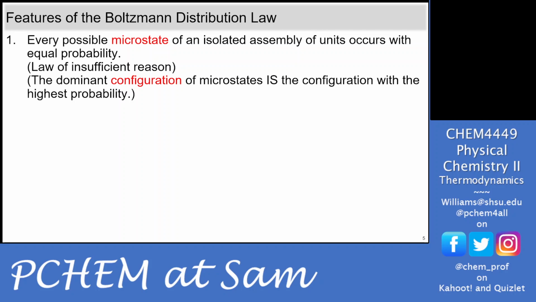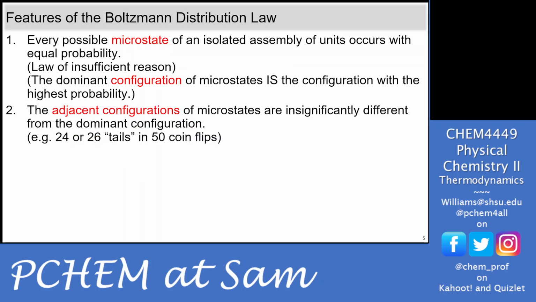But the dominant one is going to be the one with the highest probability, and it's going to be higher probability that the electron is in the 3p because of energetic concerns. And so we won't really detect any of the 4p aluminums. Now, adjacent configurations of microstates are insignificantly different from the dominant configuration.